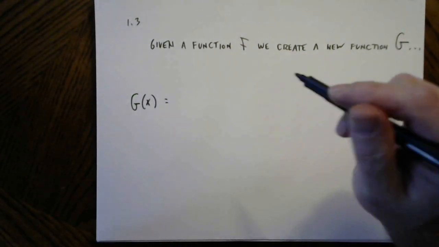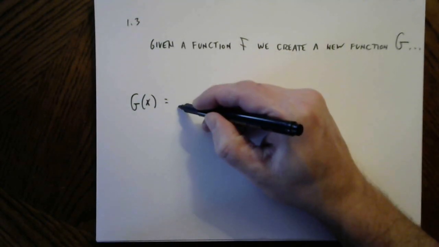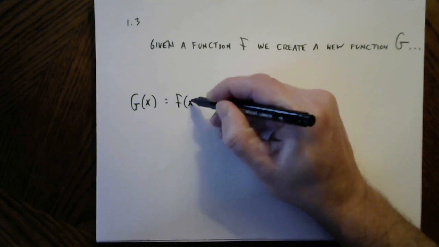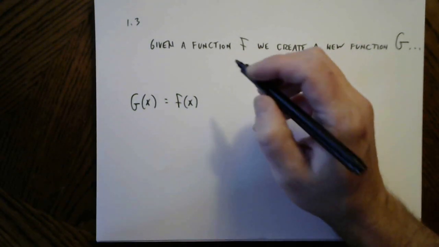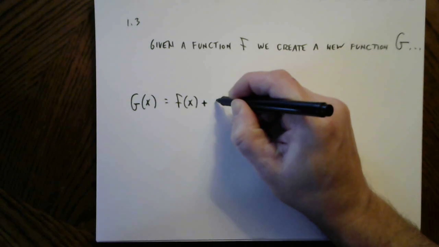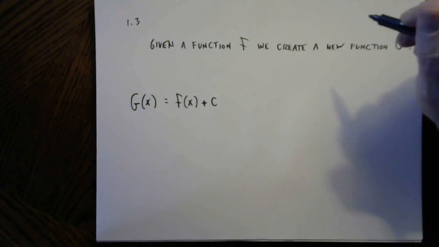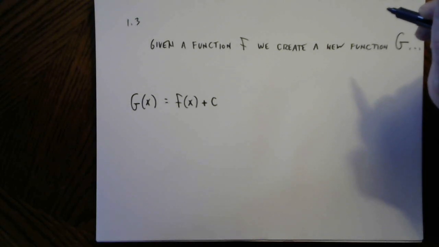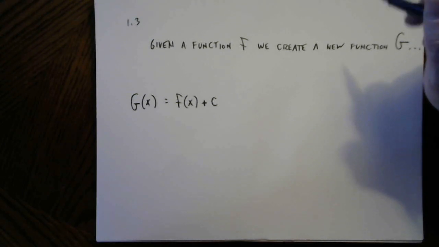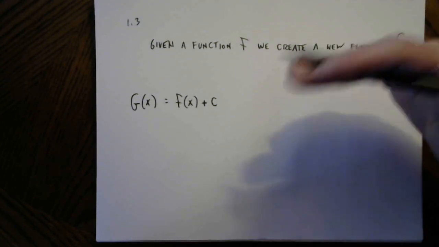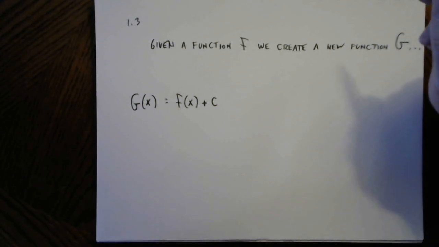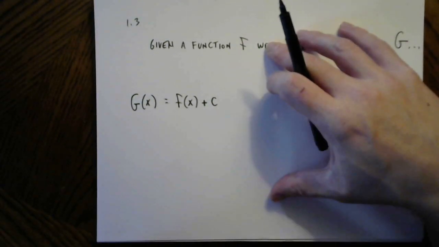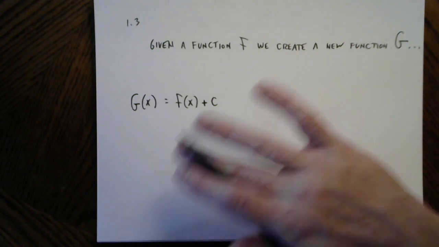So the first thing I want to do is take an old function, one of the essentials, and add a constant. If you had trigonometry at Penn State, Math 26, you go through something similar to this with A, B, C, D. This is a generalized version of that, and it works for any function.